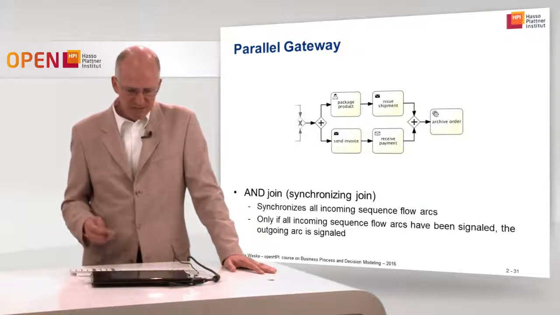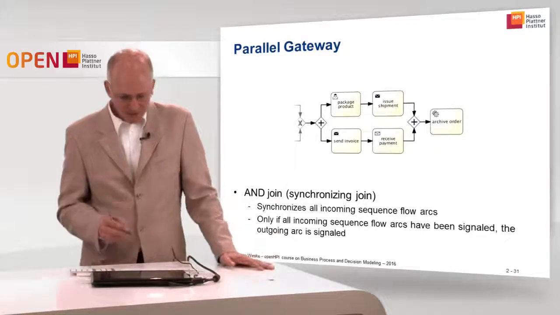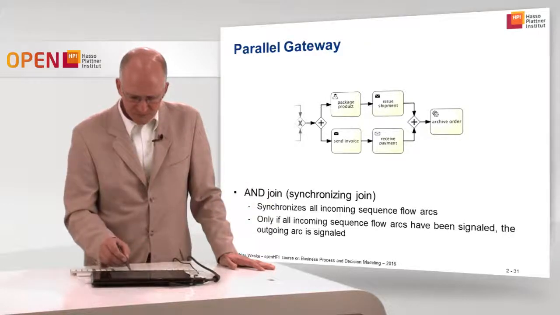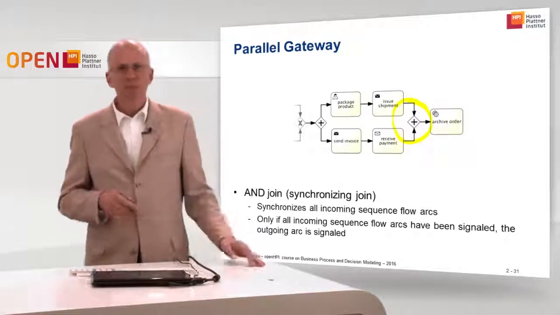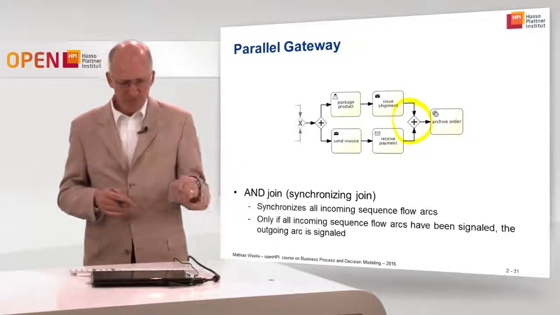All right, let's look at the AND join, which is also called a synchronizing join. Why is it called a synchronizing join? Well, because the parallel branches can be synchronized again. So the AND join would only trigger its outgoing edge if all of the incoming sequence flows have been signaled.